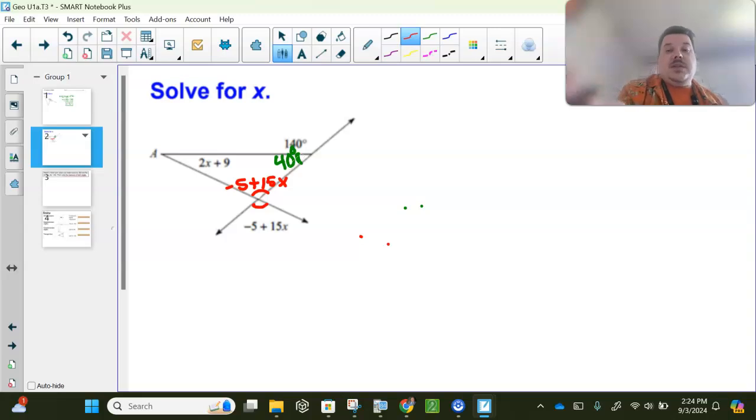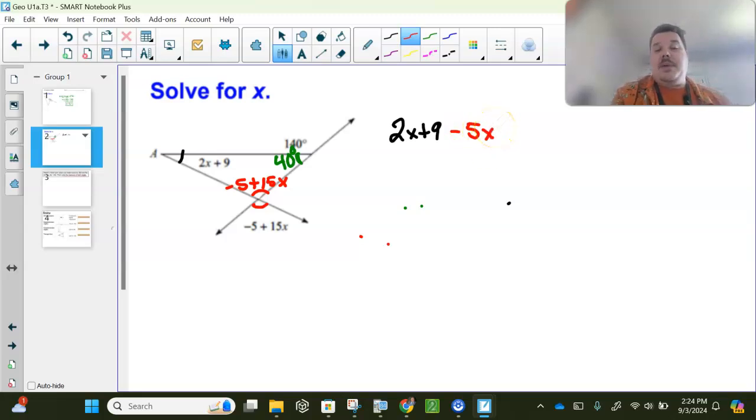Now to finish this off, we have three angles in a triangle. We have the 2x plus 9, the -5 plus 15x, and the 40 degrees. All the angles in a triangle need to add up to 180. So we can take our 2x plus 9, we'll write minus 5.